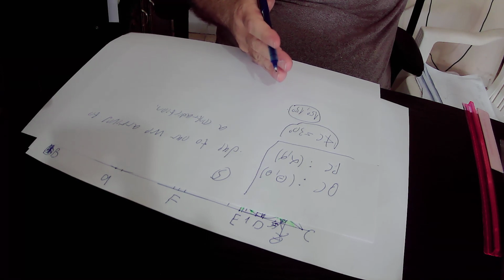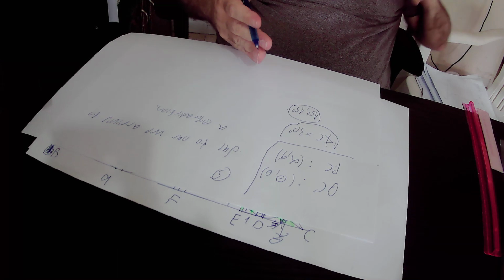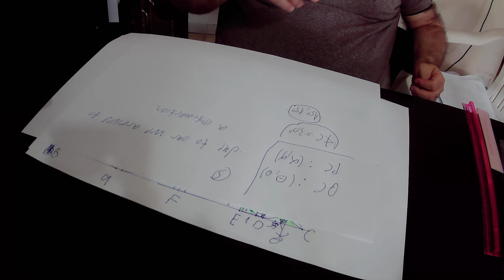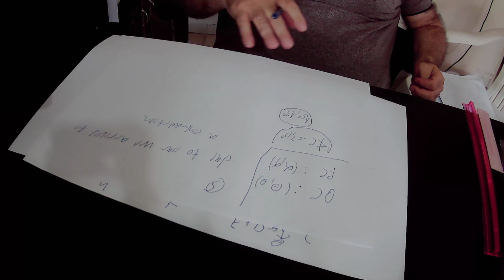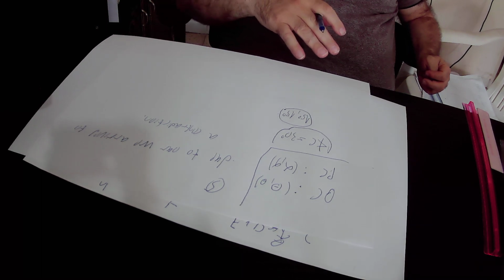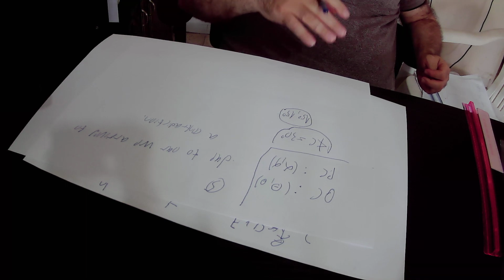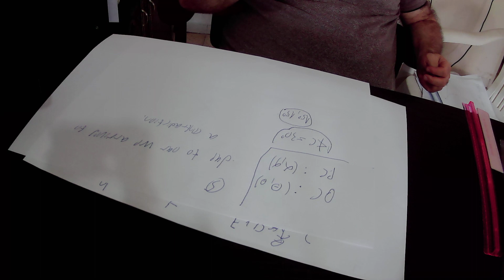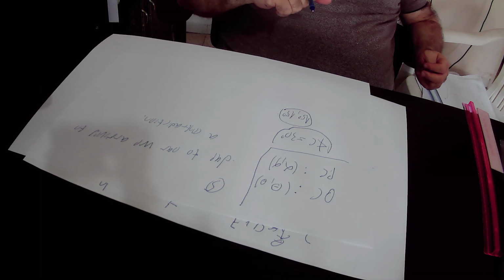It is impossible because angle C cannot be bisected into two different halves.